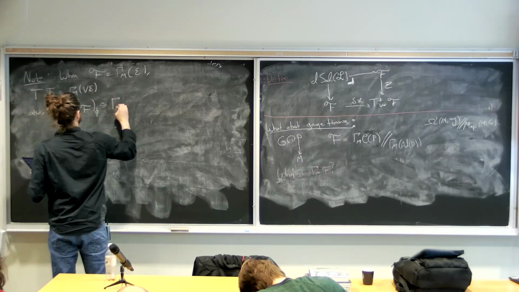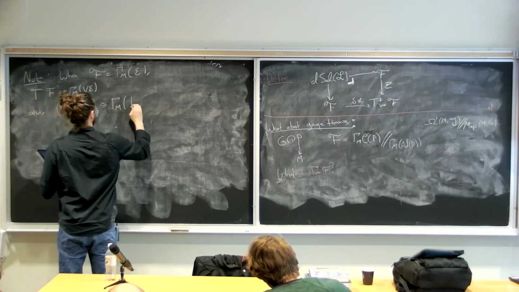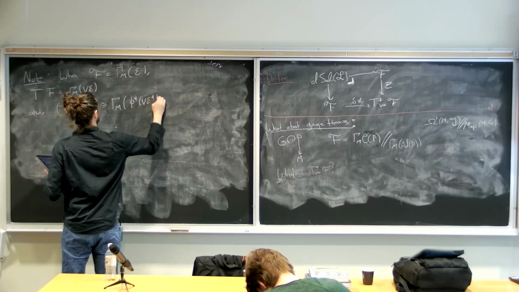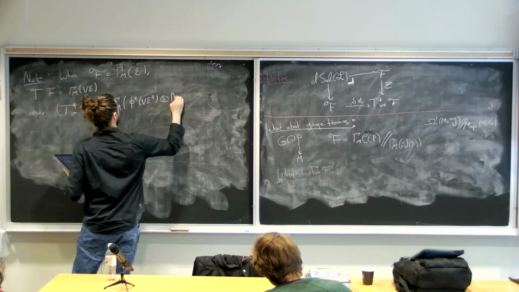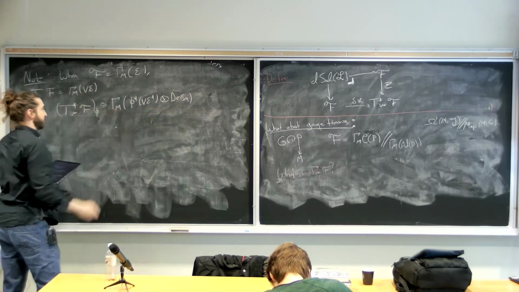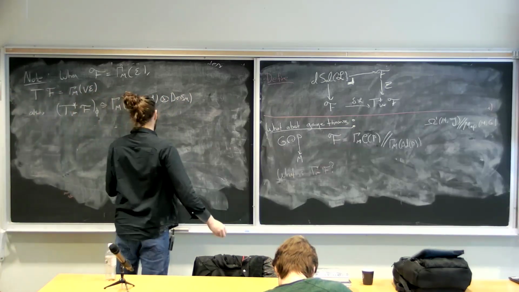So this is isomorphic to sections of the pullback of the vertical cotangent bundle, and then tensor densities. You no longer have that pi upper star because it plays with the phi star and they cancel.